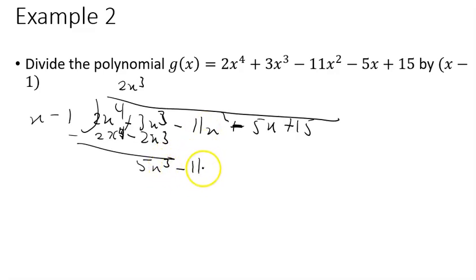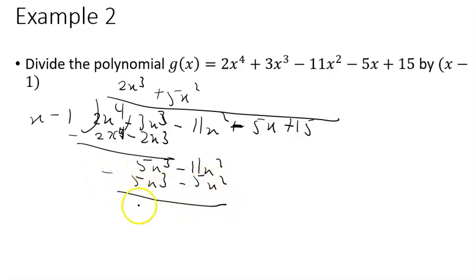Then minus 11s squared. S goes here, get plus 5s squared. 5s squared times s, 5s cubed. 5s squared times minus 1 is minus 5s squared. And you subtract again. 5 minus 5, 0. Minus 11 minus minus 5 becomes minus 11 plus 5. That's minus 6s squared.